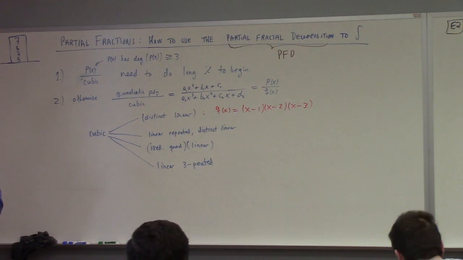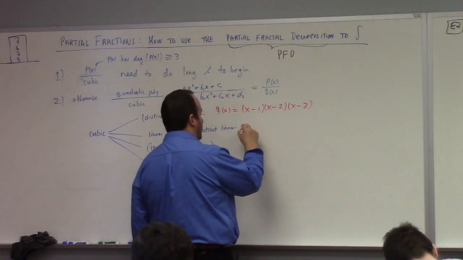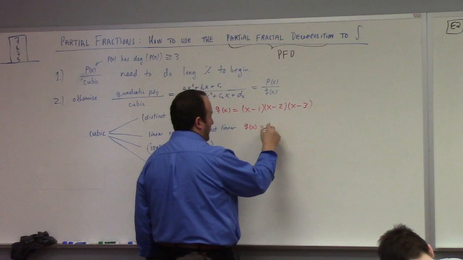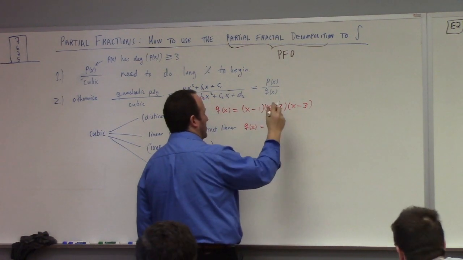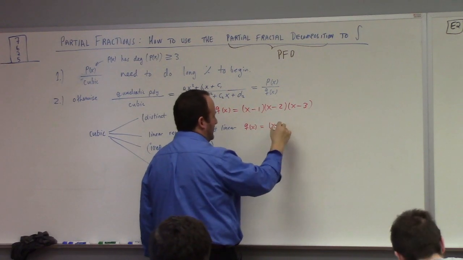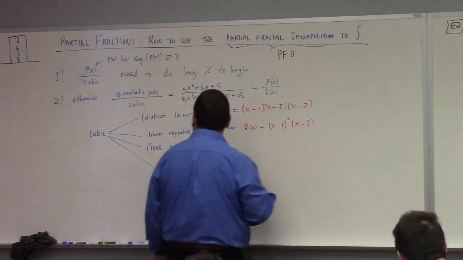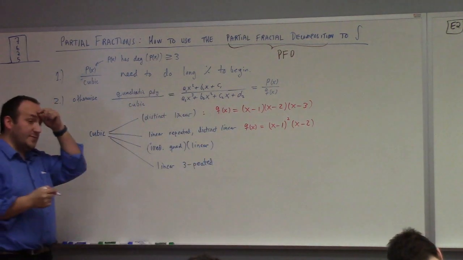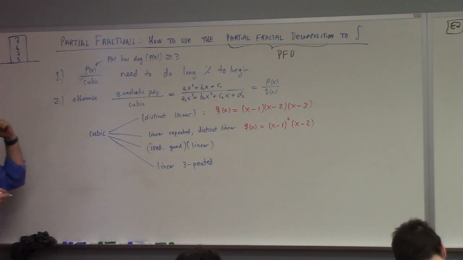Next, a repeated factor along with a distinct one, something like this. Q of x could be something like (x minus 1) squared times (x minus 2). I have trouble with decision making. That's another kind of cubic factorization we could face.